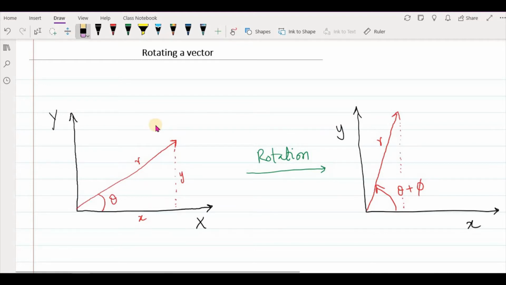It doesn't look good, so let's make it a little bit more clear. So here the angle is theta plus phi, and now this is the new y coordinate, we name it y dash, and this is the new x coordinate, we name it x dash, and let's make them capital to avoid any confusion.